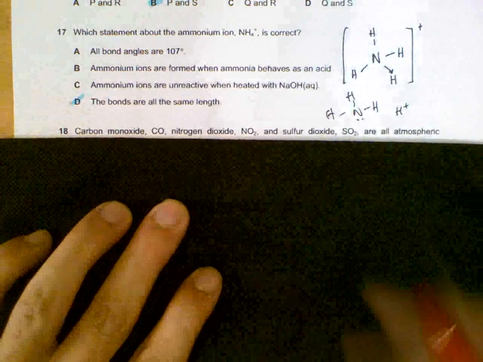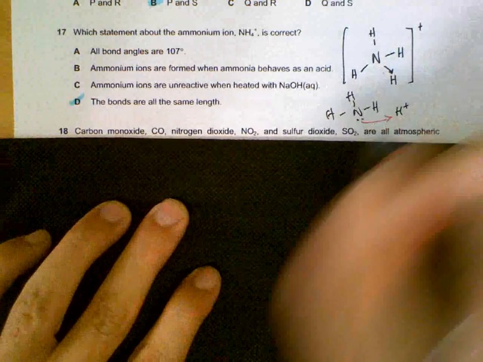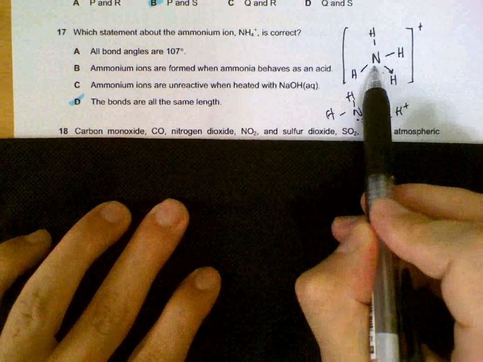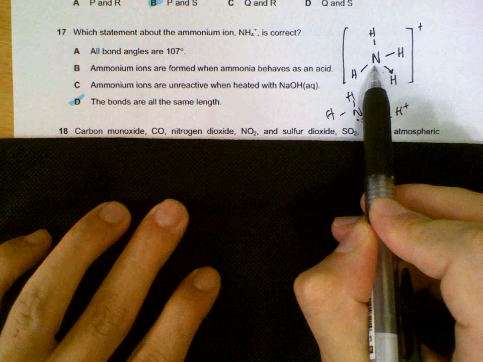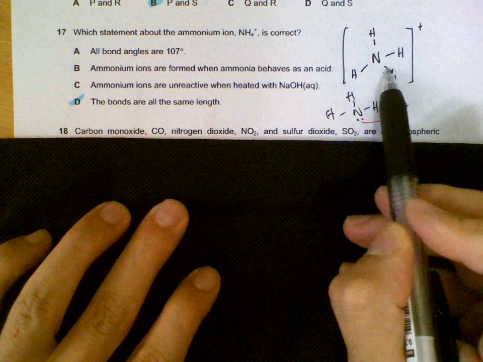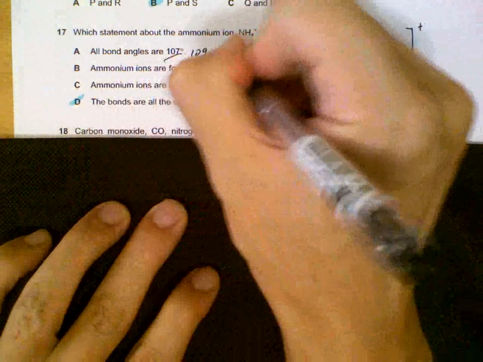So there will be a covalent bond, which is actually a dative bond. So there are no lone pairs on the nitrogen in the ammonium ion. So 4 bond pairs, 0 lone pairs, it is tetrahedral. It's about 109.5 degrees. So option A is out.